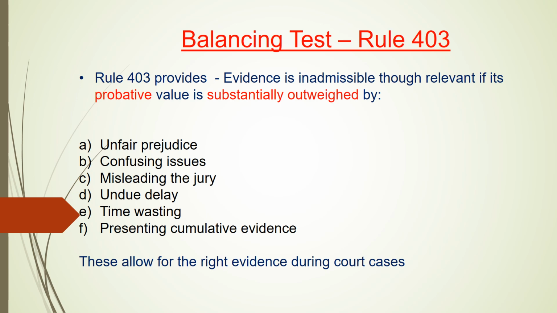What that means is that although the evidence is probative and has a relevant status, that evidence will be excluded because it may confuse or mislead the jury, delay the court proceedings, or be time wasting. Such type of evidence the court will not admit.